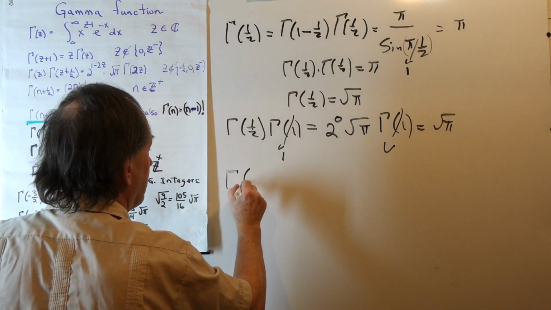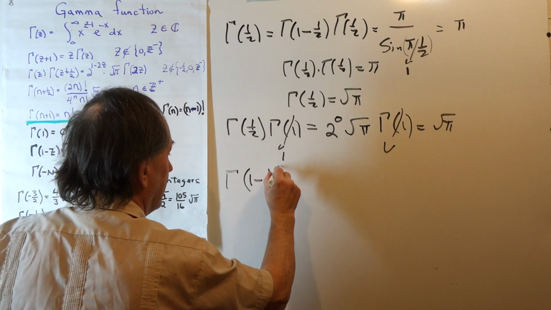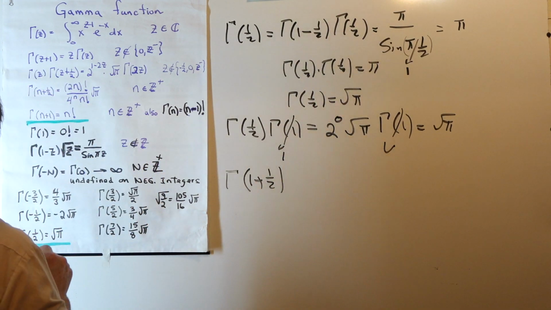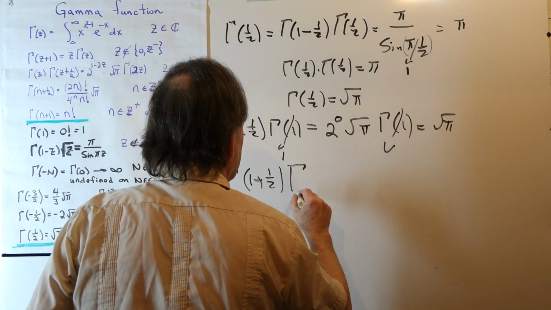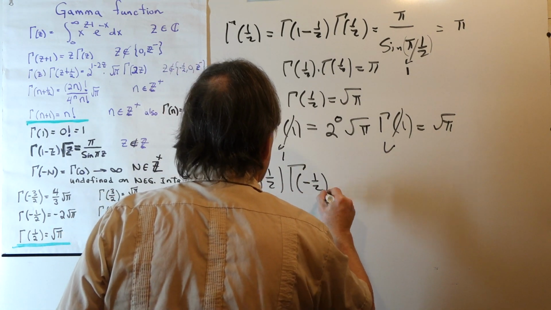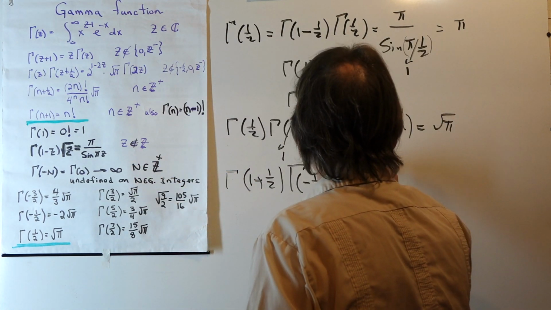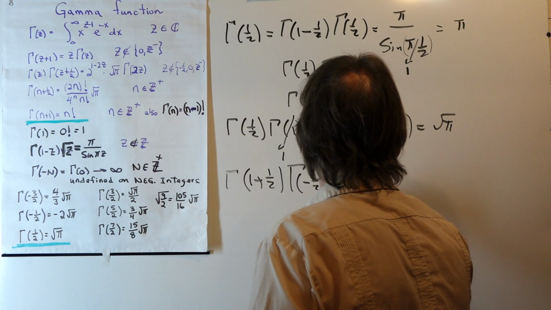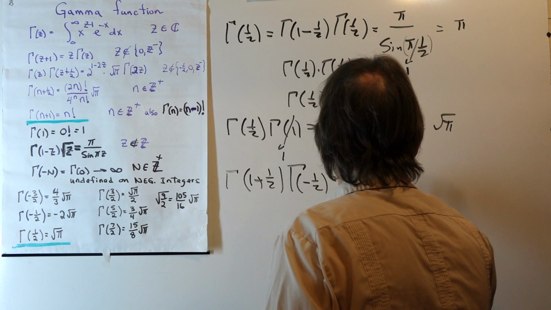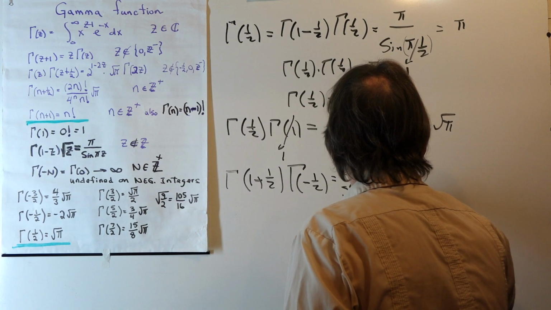We're going to have gamma of 1 minus minus 1/2, so that becomes a plus, times gamma of minus 1/2. Our z is equal to minus 1/2, and that's equal to pi over sine of pi times minus 1/2.